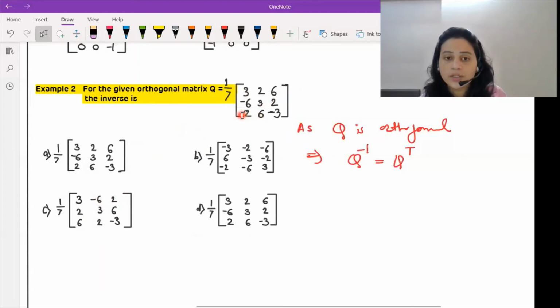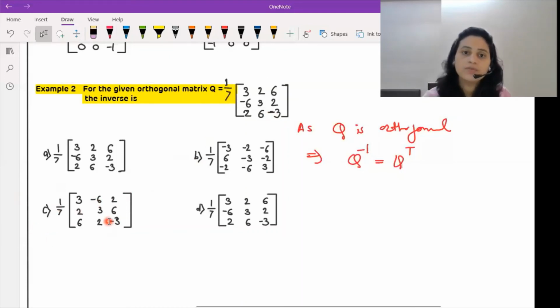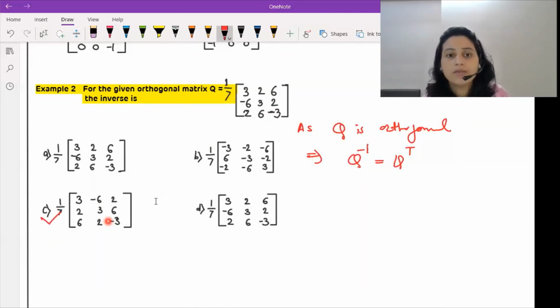The third row is 2 6 minus 3, and here 2 6 minus 3, and 1 upon 7 is a constant term as it is. So within a fraction we can find the inverse of the given orthogonal matrix, if you know this property. So this is my inverse of the given matrix.